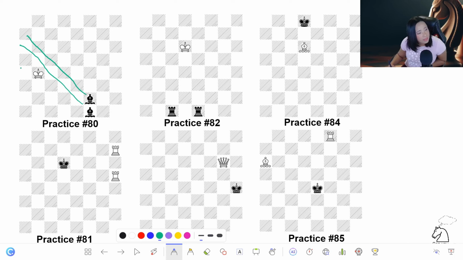So that means that the king cannot go on any of those squares that the bishops are attacking. So now let's see, where can the king go? The king can go here, here, here, here, and here, okay? That is for practice 80. Now practice 81.